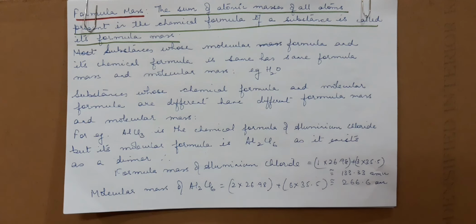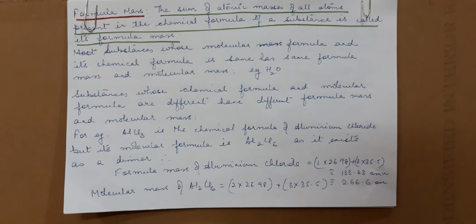Correct? And molecular mass is also 23 plus 35.5 for NaCl, because in that substance both the molecular formula and the chemical formula are the same. Water, molecular formula H2O, chemical formula H2O, molecular mass 18 grams, formula mass 18 grams.